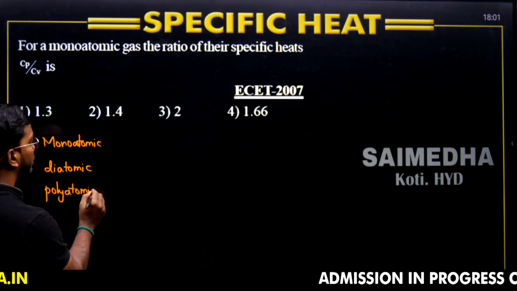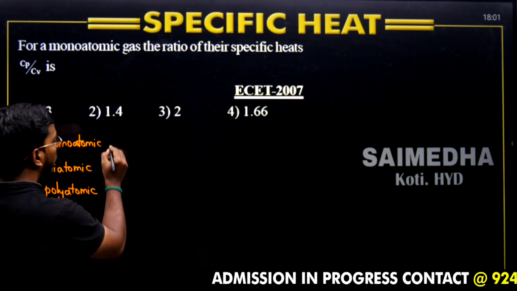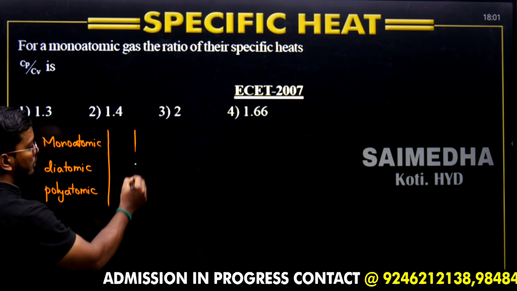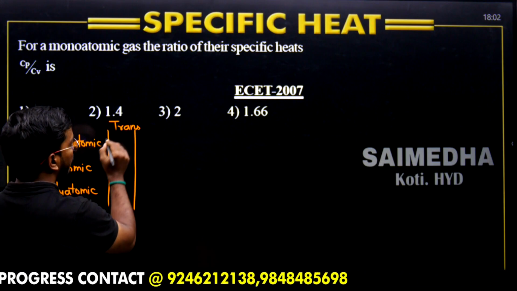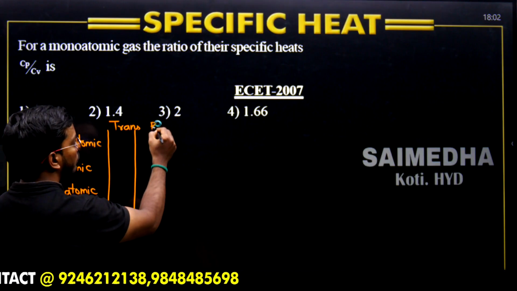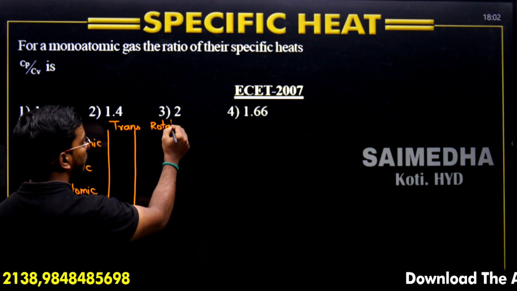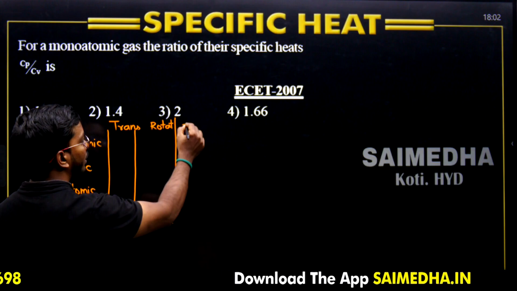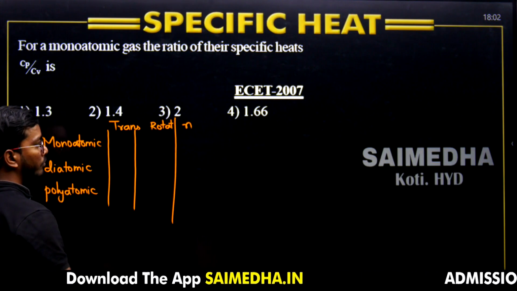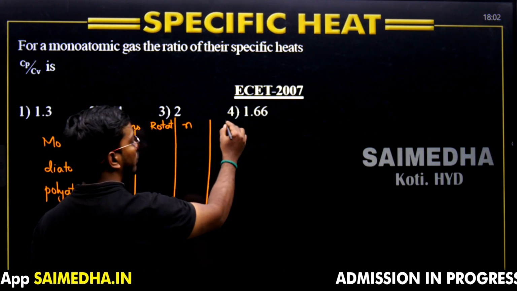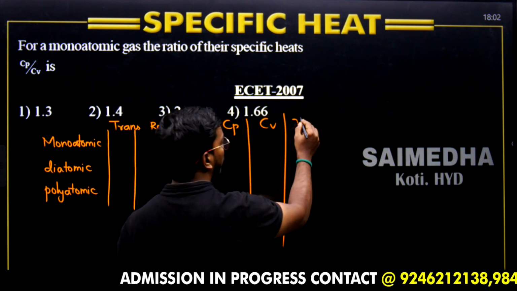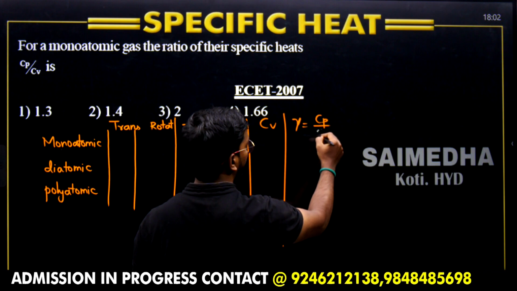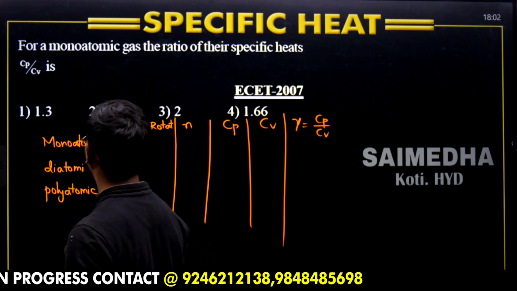For the monoatomic gas, what is the translational degree of freedom? Translational degree of freedom, rotational degree of freedom, and finally total degree of freedom N. And then we will have the formulas Cp, Cv and gamma, that is Cp by Cv. This tabular form you have to memorize.